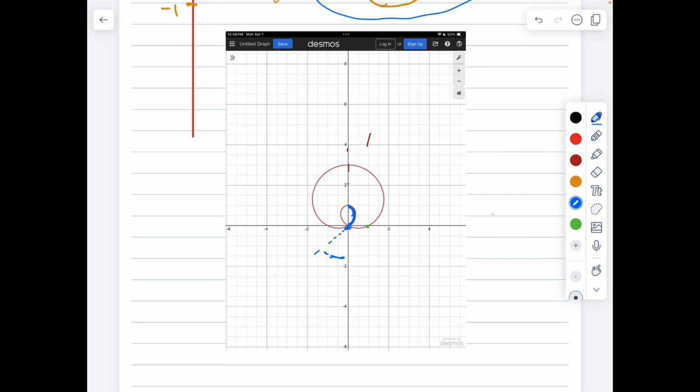And likewise, from 3 pi over 2 to 11 pi over 6, your r is negative, so everything that would normally be drawn in the fourth quadrant where r was positive is now drawn in the second quadrant because you turn it 180 degrees. And that inner loop is between those two angles, between 7 pi over 6 and 11 pi over 6.